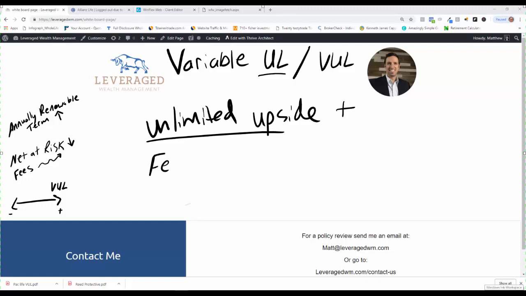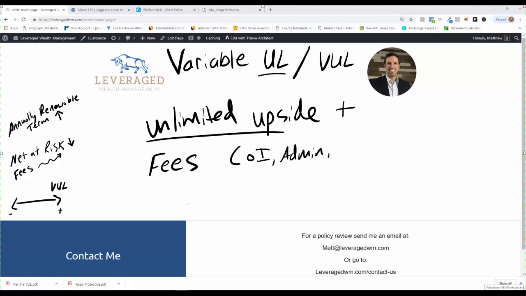The biggest one is fees. Because although you have this unlimited upside, the fees associated with a variable universal life insurance policy are pretty hefty because there's a lot of them. Not only do you have your cost of insurance, COI, you also have admin fees.